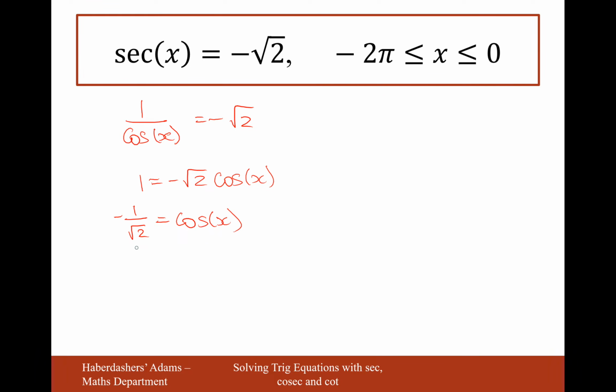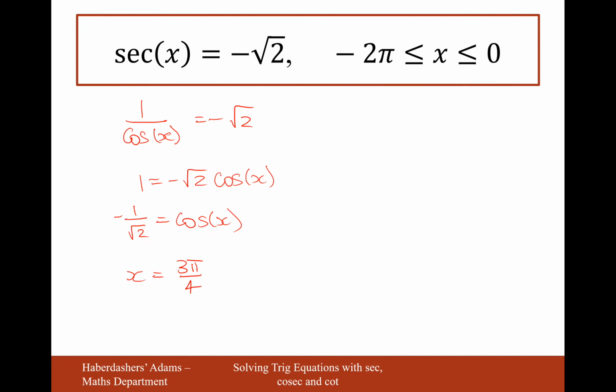The next thing I'll do is inverse cos it, so it's going to be inverse cos on the calculator here, minus, fraction button, 1 over root 2, close the bracket, and it's 3 pi by 4.